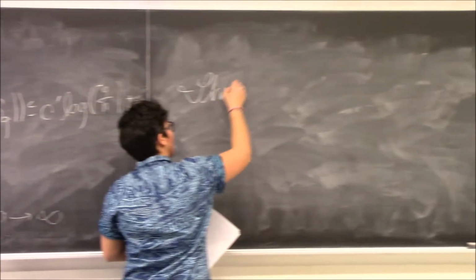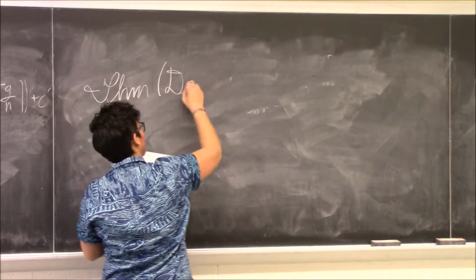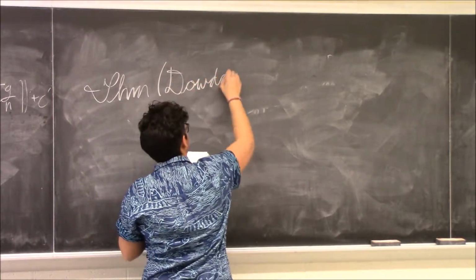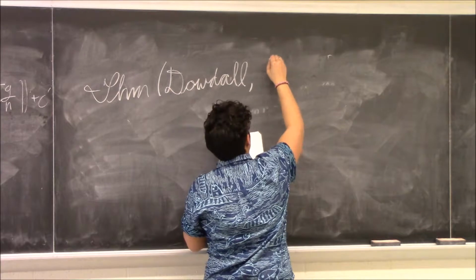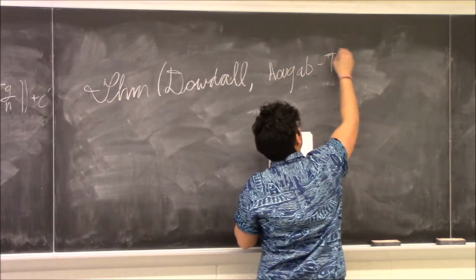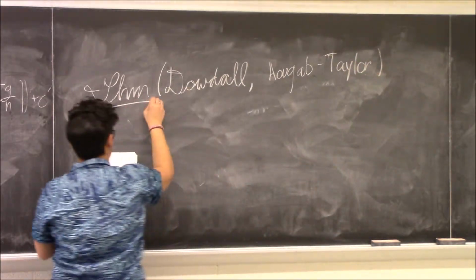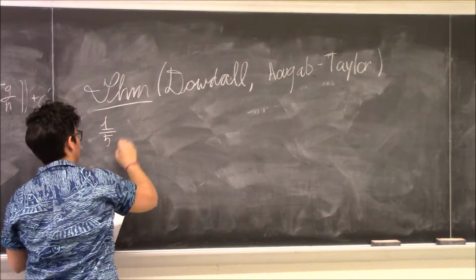So it's actually kind of a two-part result. It was originally due to Dowdall. And then the upper bound was improved by Aougab and Taylor. And so we have that.